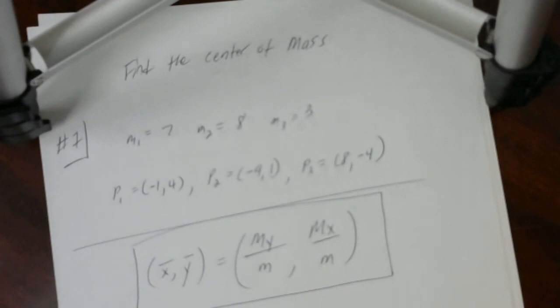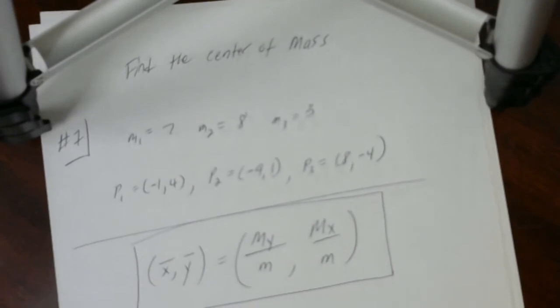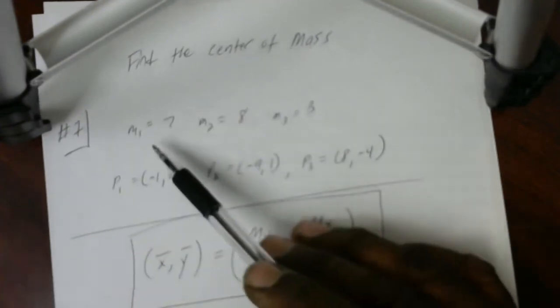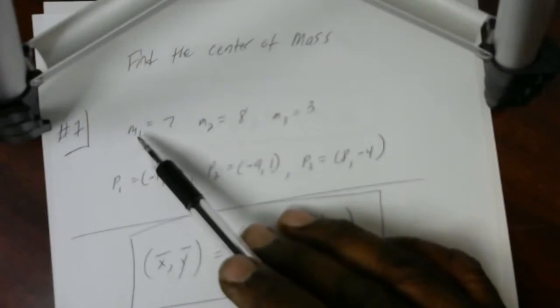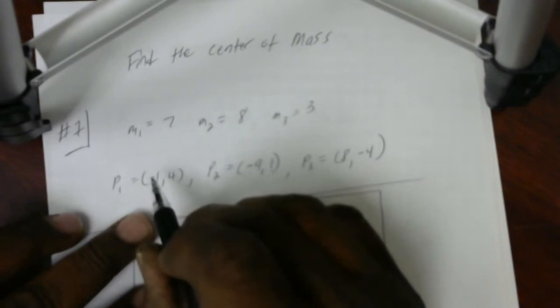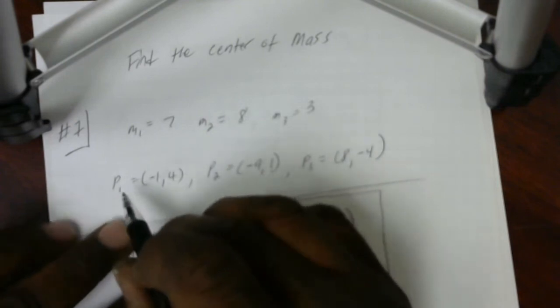Right. So if I look back at what we were given, I'm going to take m sub 1, which is 7, and these points, this is my ordered pair point x comma y, right? In any ordered pair, you must have x and y.